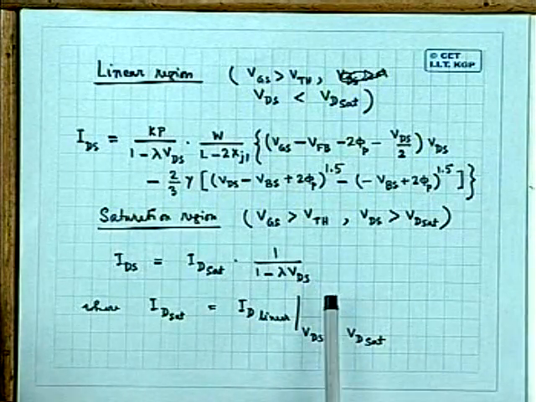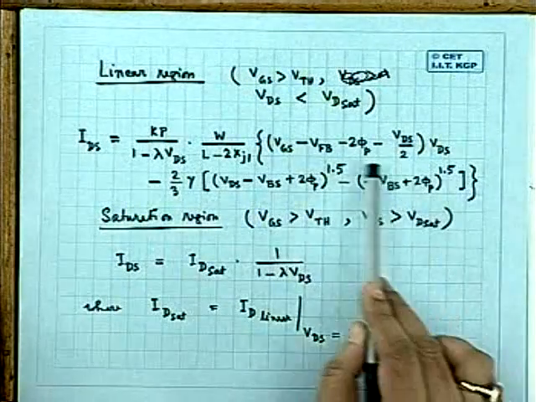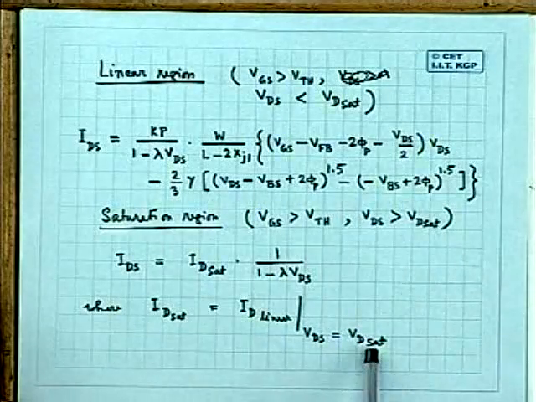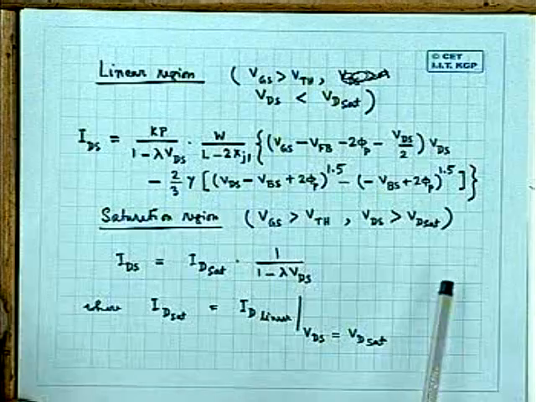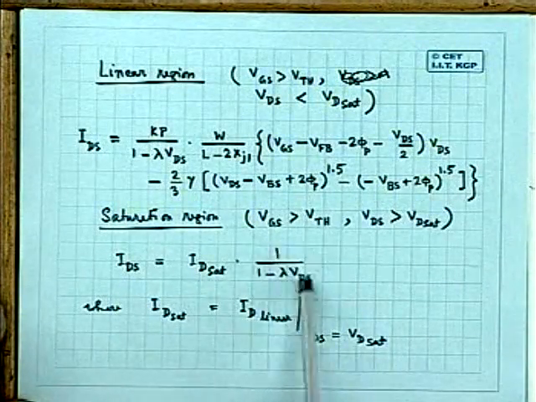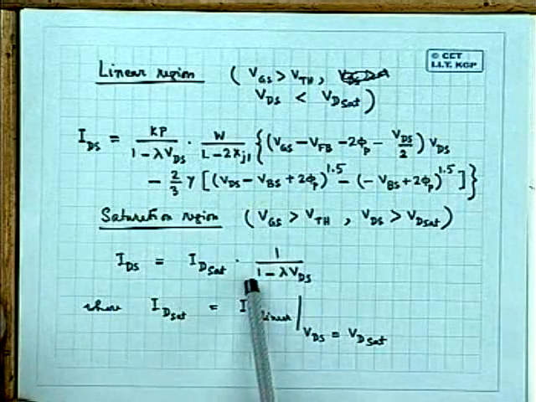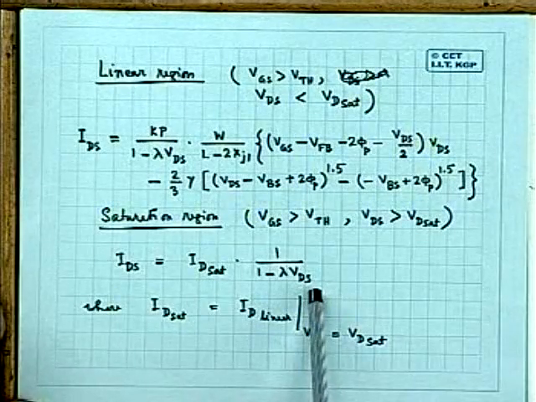Okay? That you calculate from this formula, putting VDS equal to VDSAT value, which you have obtained by solving that equation, QI is equal to 0 equation. Okay? And then what you do, you now insert a second multiplier, 1 upon 1 minus lambda VDS.